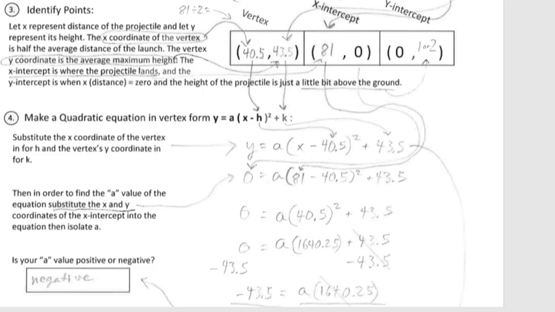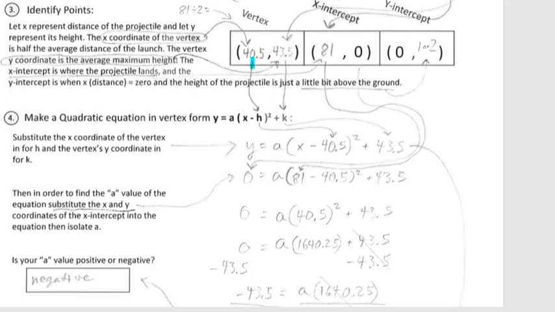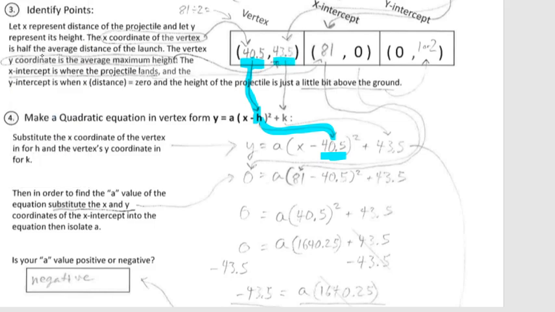Our instructions have us plugging in our h value first, so we're going to take the x coordinate of our vertex, plug it in for h, and then it'll look like this. We can also take the y coordinate of our vertex and plug it in for k, and so that number ends up over here.